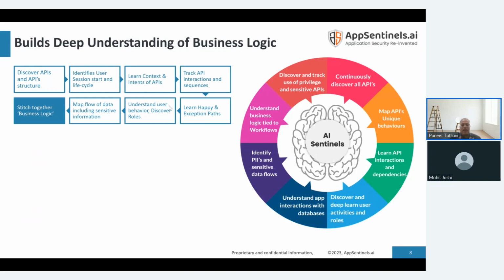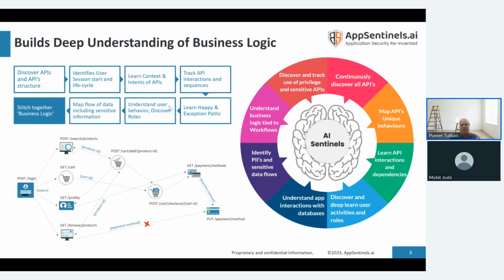Further, the AppSentinels platform understands how these APIs interact with each other, and the relationships or sequences of APIs. It discovers the happy paths an application supports. These happy paths are what product management defines, and the product team goes and builds those.